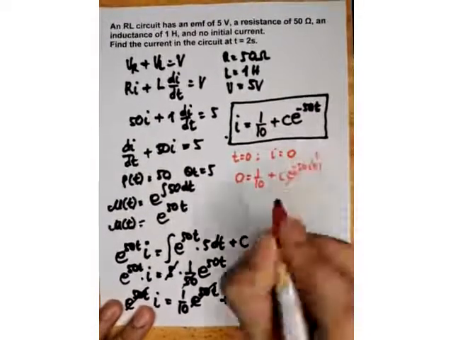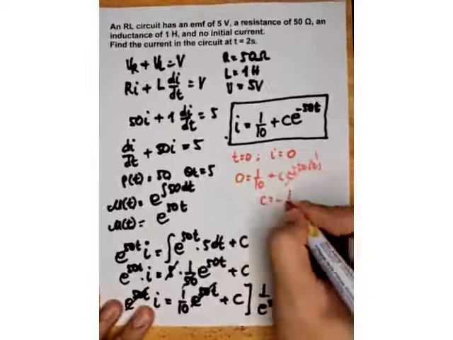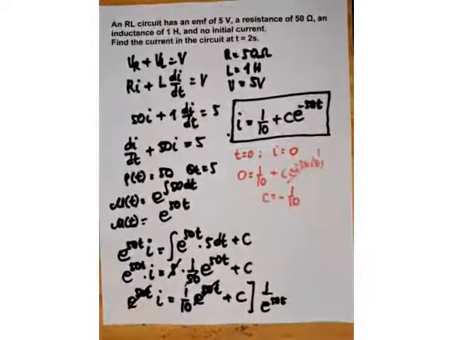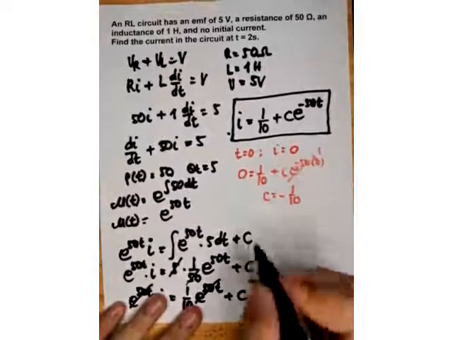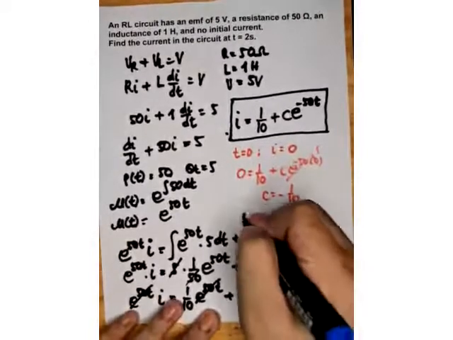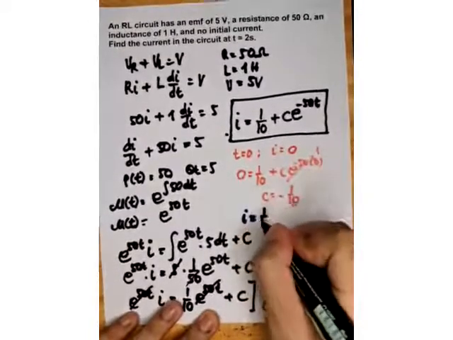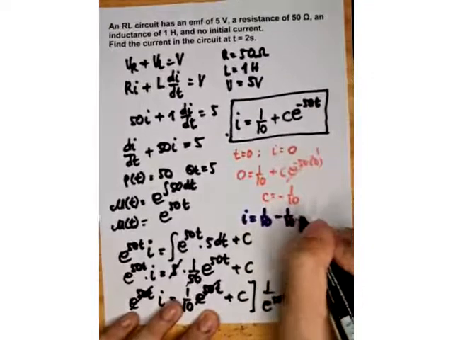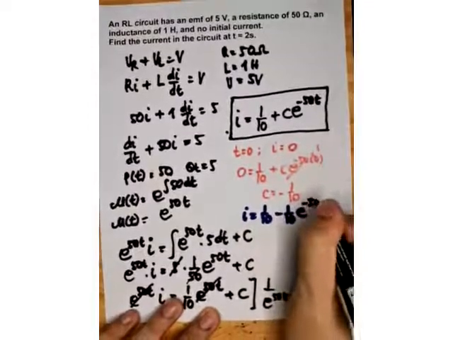So this is 1. Therefore, C is equal to negative 1 over 10. Ayan. So ang particular solution natin ay i is 1 over 10 minus 1 over 10 e raised to negative 50t.